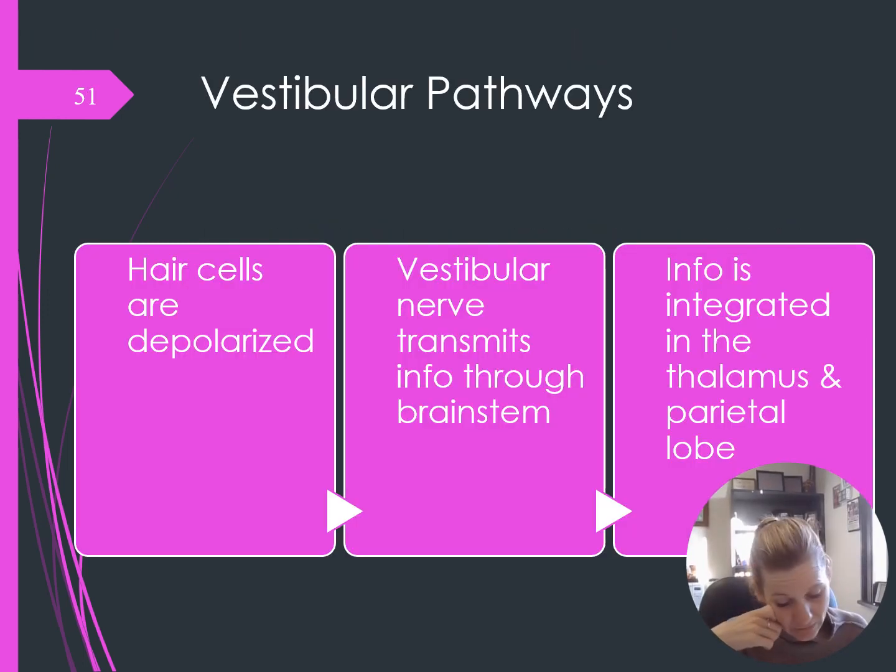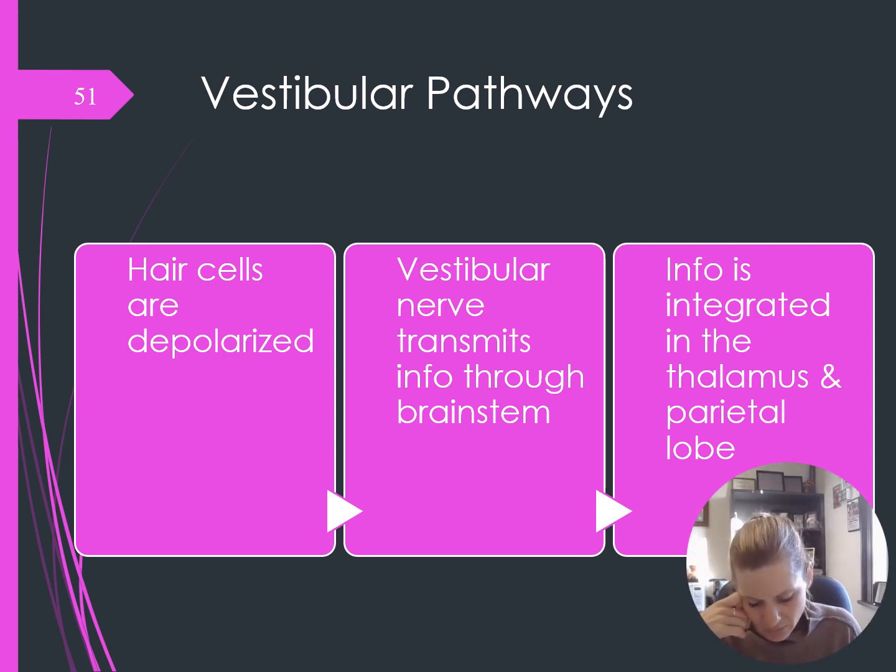Okay, so again, when we look at this pathway, to summarize: the hair cells are activated when that fluid pushes over the top of them. Again, mechanoreceptors, they'll be depolarized, and then that information will transfer to the vestibular nerve, and go to the brainstem, and it'll be integrated at the level of the thalamus and parietal lobe so that we can decide what to do.